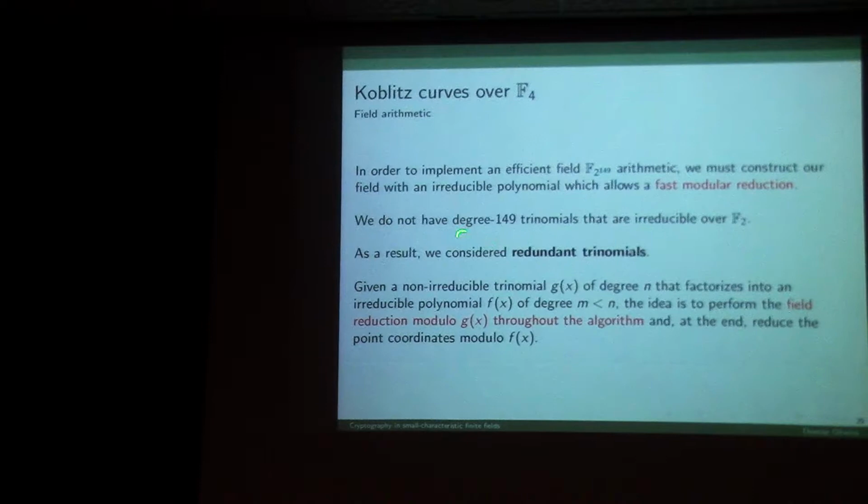Because for a trinomial to be reducible over F2, we have to... We need to move through all degrees from 1 to 149. It's a very fast operation.